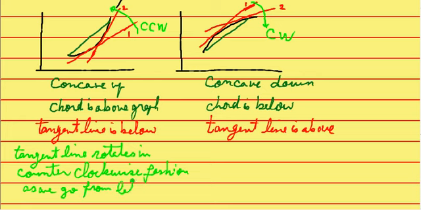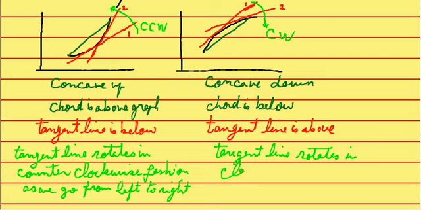Let's just simplify to say as we go from left to right, a normally drawn picture. Here, the tangent line rotates in clockwise fashion as we go from left to right.